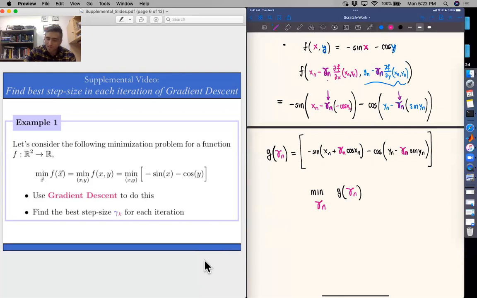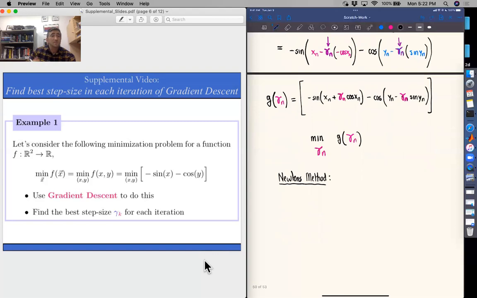So we have some options now that we have this. How can we minimize this function that's a function of gamma now? Well, we could do something like Newton's method. Remember, for Newton's method, we would just keep churning out better and better guesses.